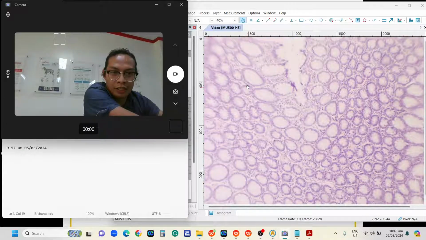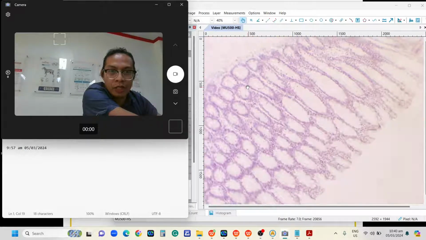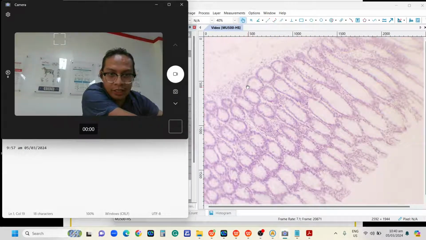Almost all of its mucosa is interspersed with goblet cells.